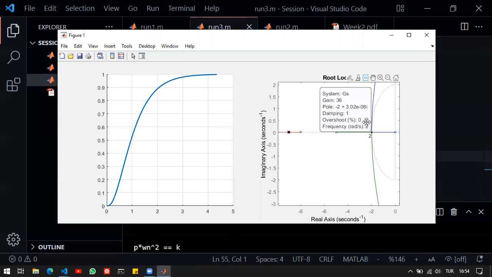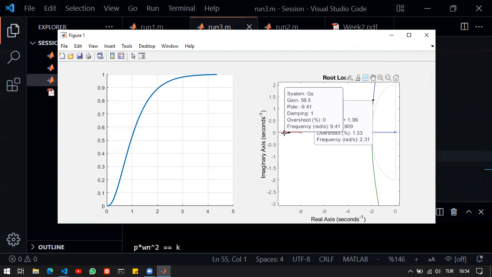But it doesn't mean that you would get the exact design, because here when you see a certain damping ratio, that's not the damping ratio of the whole system. That's only the damping ratio of these 2 poles. If I, for example, click on here, I have a different damping ratio, which is equal to 1.